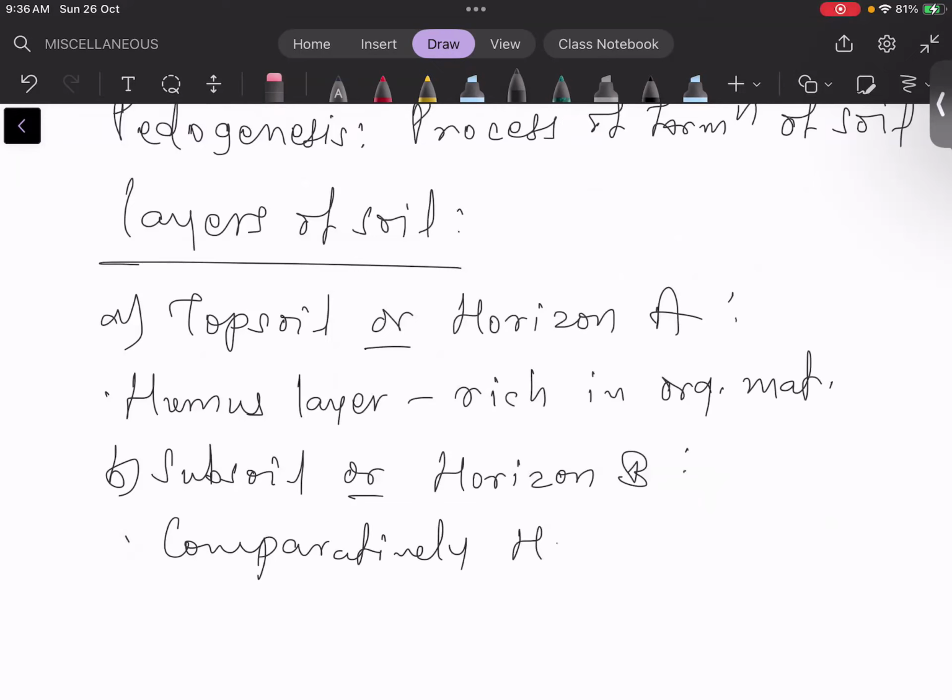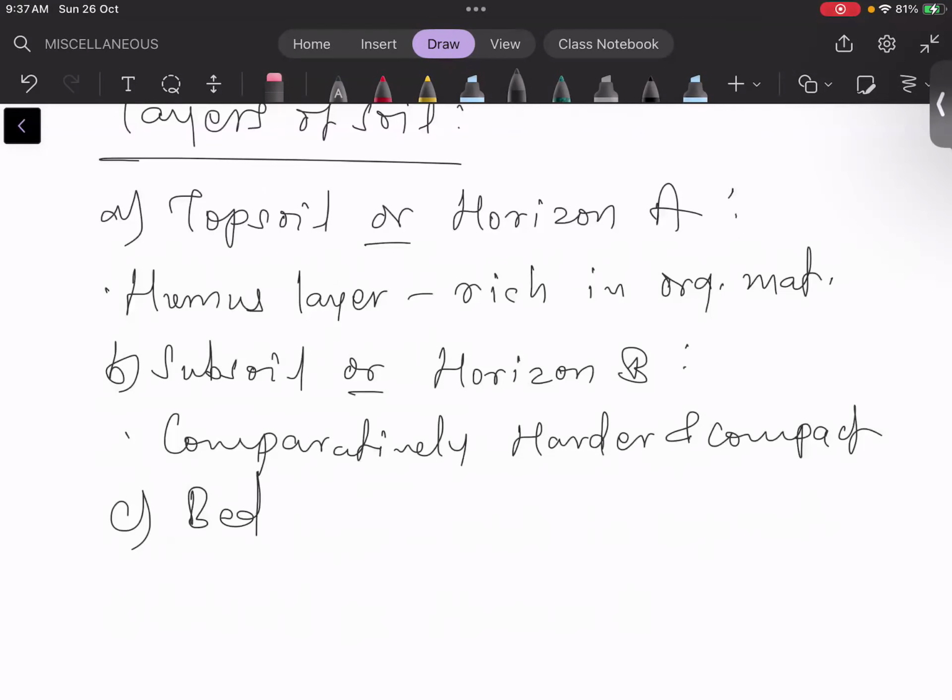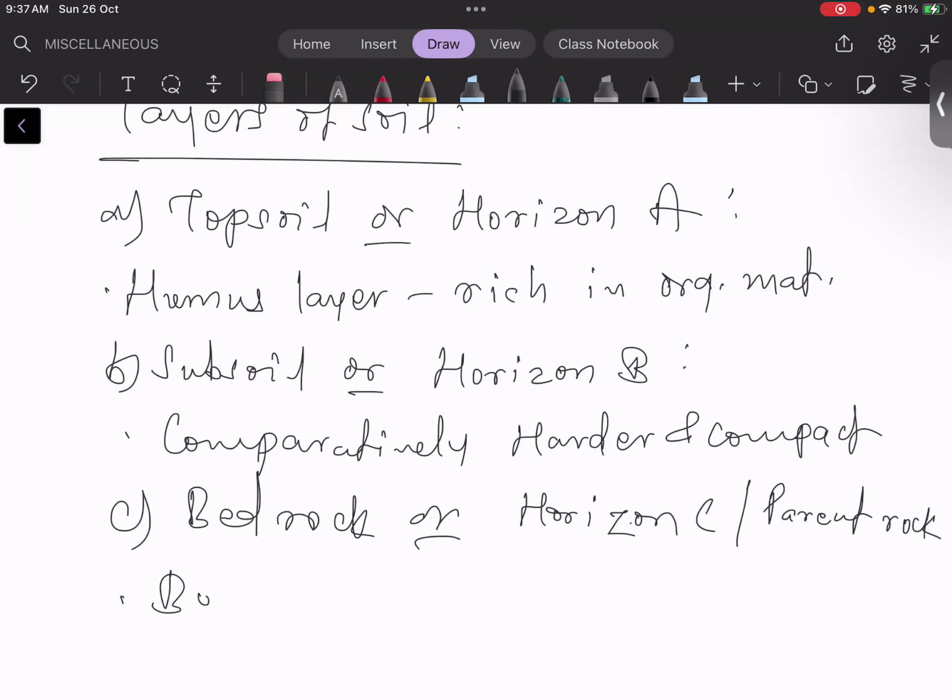Then the third portion is bedrock or horizon C. Bedrock is also known as parent rock, and this is present just below the subsoil layer. Of course, it is very hard.